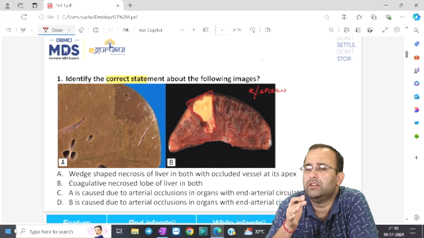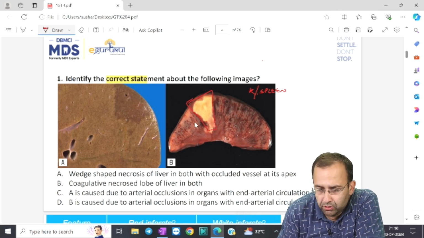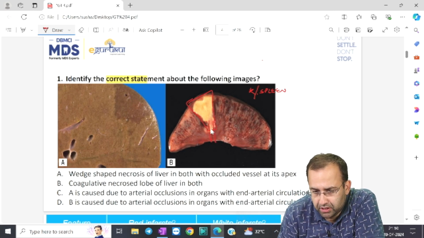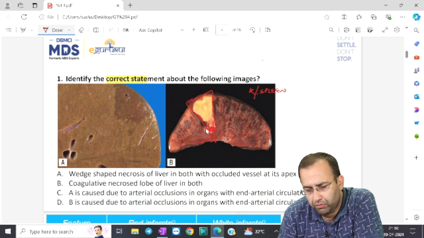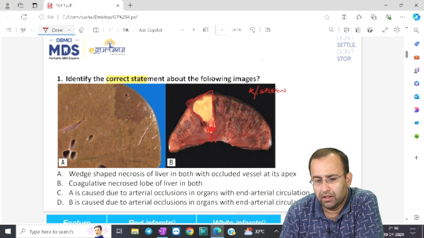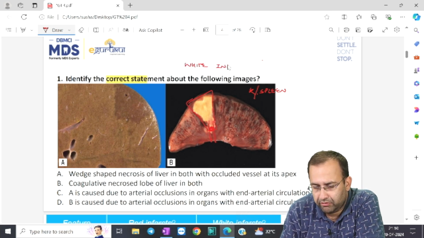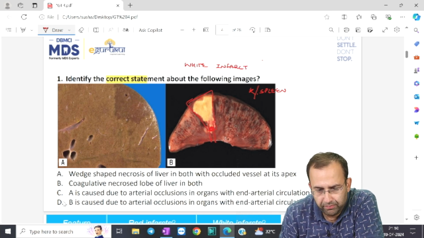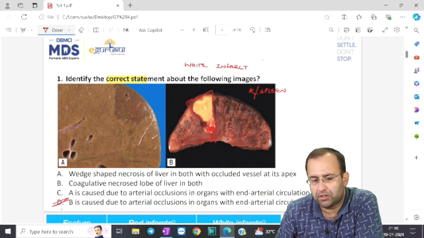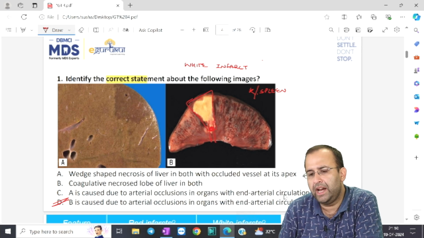What is the site of occlusion? Apex of the wedge. This was the blood vessel which has undergone thrombus or embolism. So whichever area was being supplied by this blood vessel has undergone infarction. That is, this is a white infarct associated with end arterial occlusion. So B is caused due to arterial occlusions with end arterial circulation.